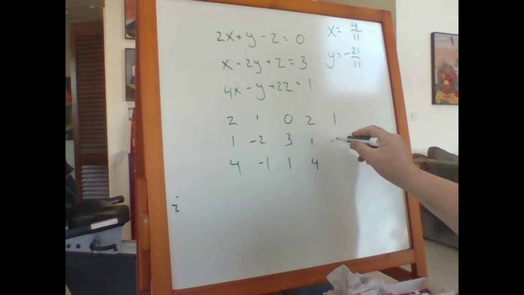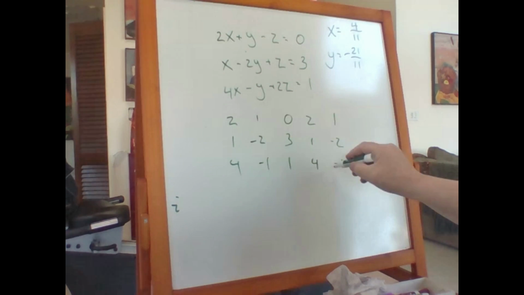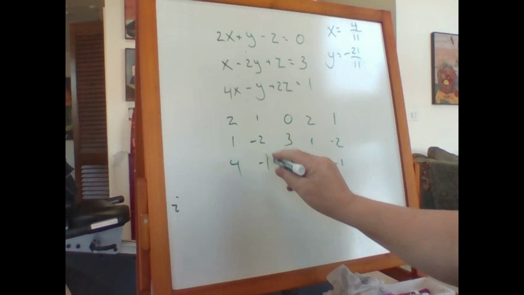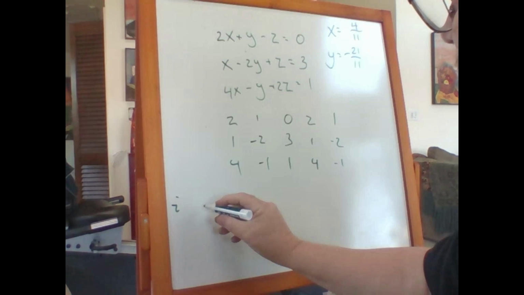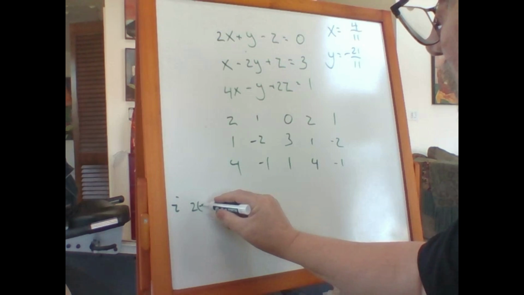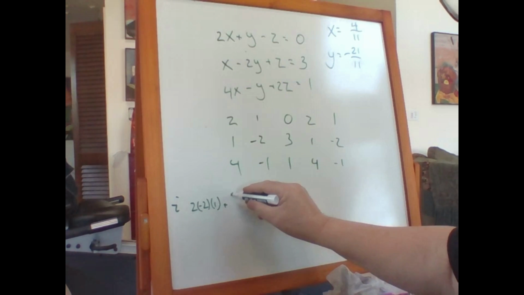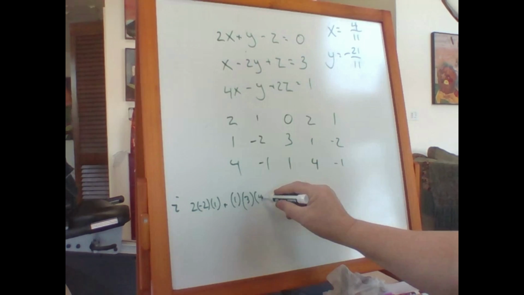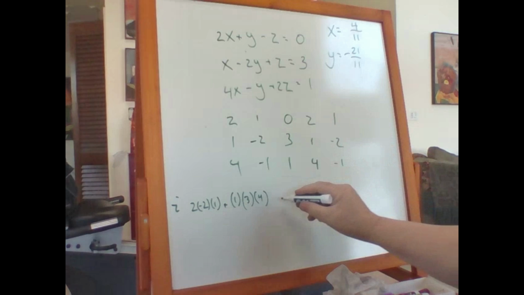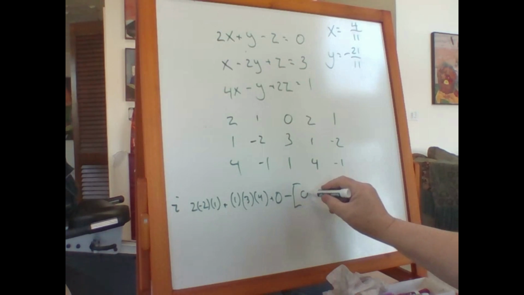Again, positive, these diagonals. So that's 2 times negative 2 times 1, we got plus 1 times 3 times 4. And this one's 0.